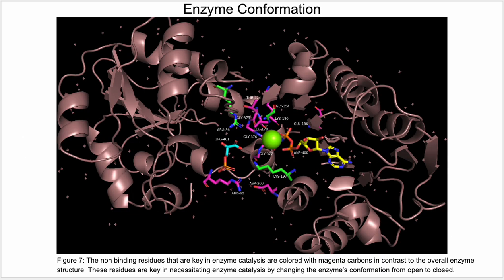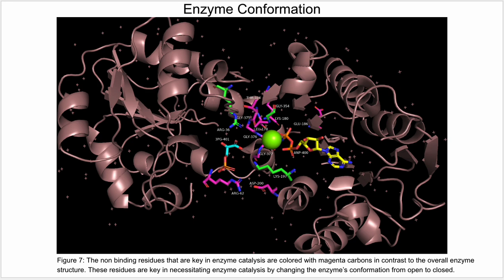Here in figure 7, we will look at the residues that are involved in changing the enzyme's conformation from open to closed. So for the enzyme to conform to its closed conformation, there's a series of salt bridge disruptions and formations of new salt bridges.